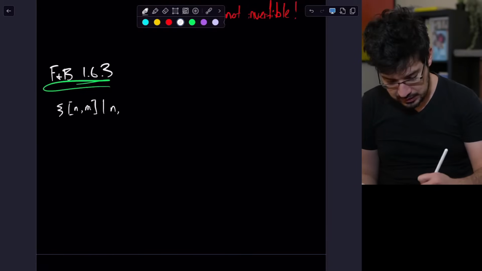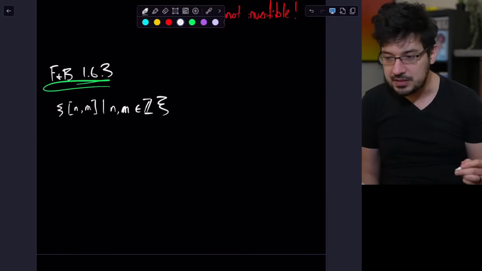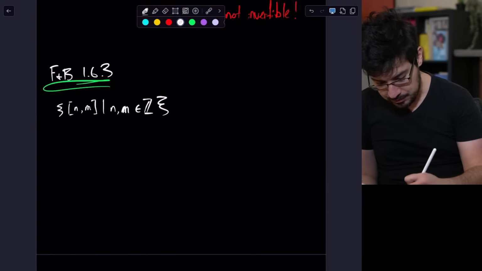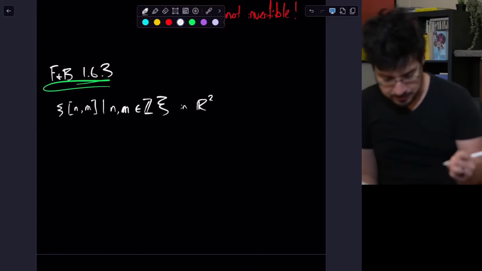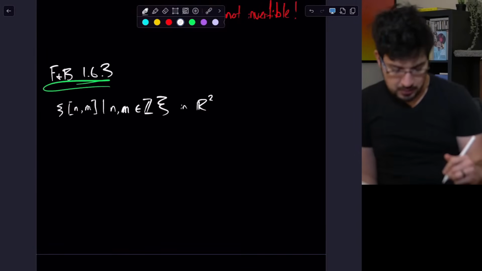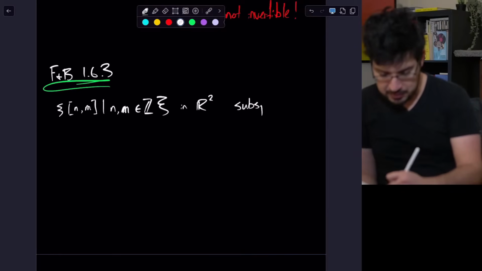And it just says, it types it out, are integers, but I will use the fancy math notation for integers, in R2. So our goal right now is: is this a subspace?